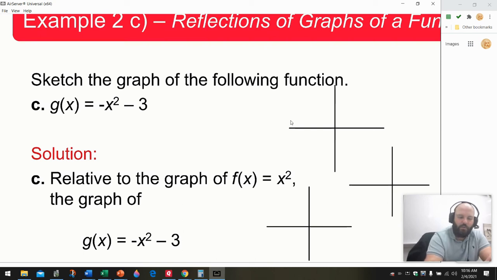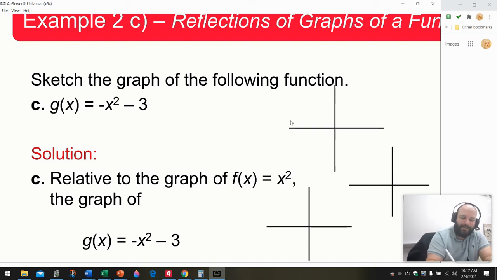But because we don't, only the x is being squared, and then the output from that becomes negative. So again, we have to look at if we would plug a number in, what would we do first? First, we would square it. That's the function's job. And then we would make it negative. So that negative is on the outside.